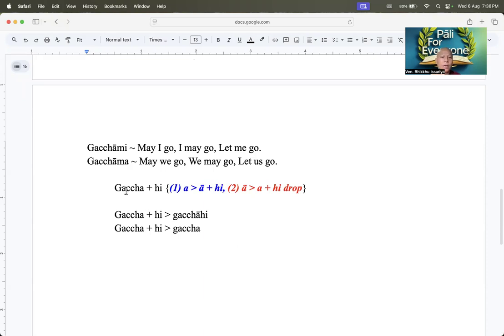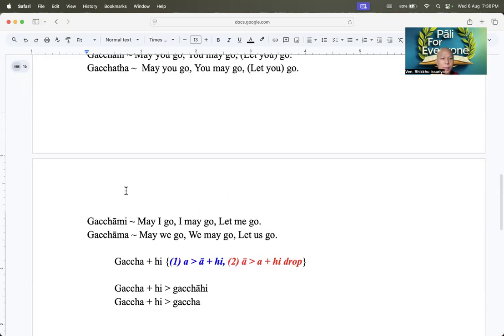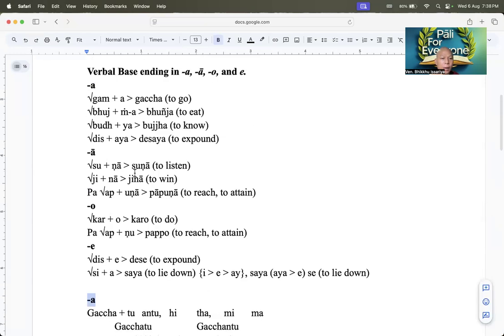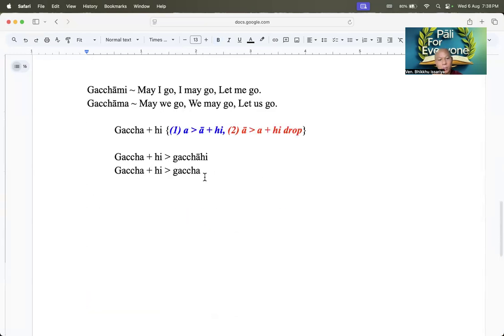Okay. And then, so that is for those bases ending in a, you see. But for those ending in o also, for example, we will have suṇa. So after that the hi, we don't need to do anything the first way, like suṇāhi.